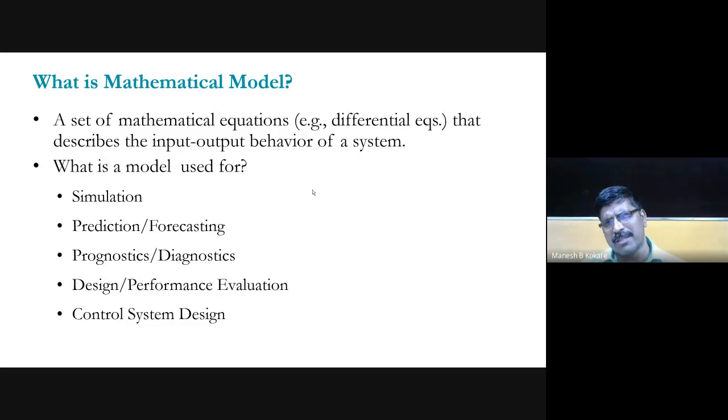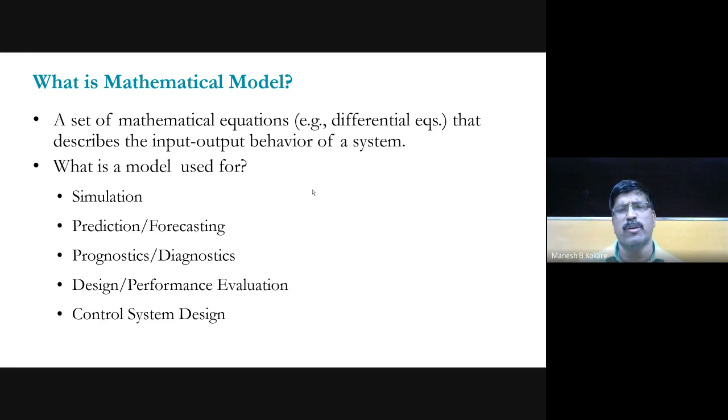So this is V is equal to I into R. This mathematical relation is nothing but the mathematical model of that resistance. If we know the voltage and you change the value of resistance, you can easily calculate the current. Or if you know the current and the voltage, you can easily calculate the resistance.